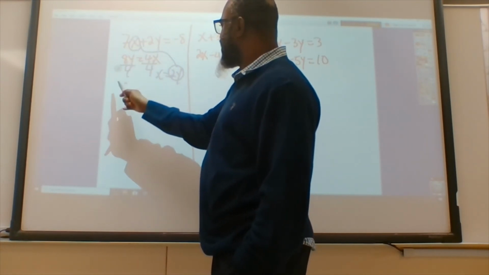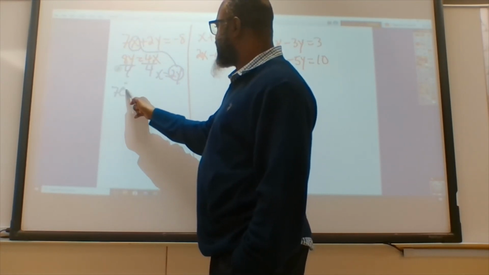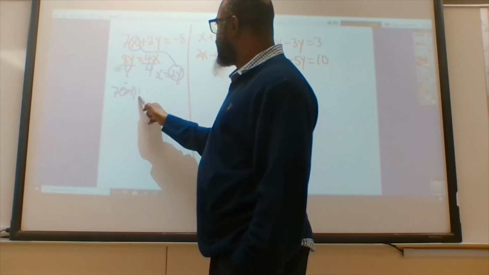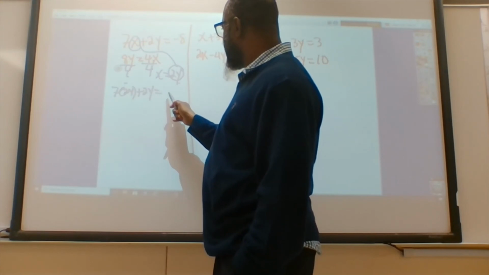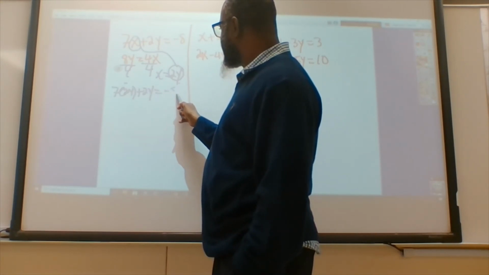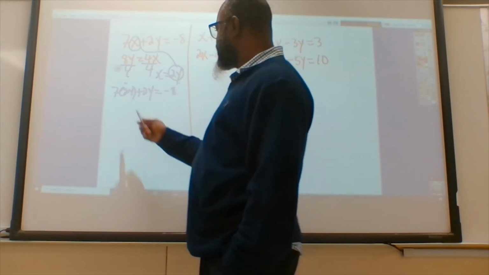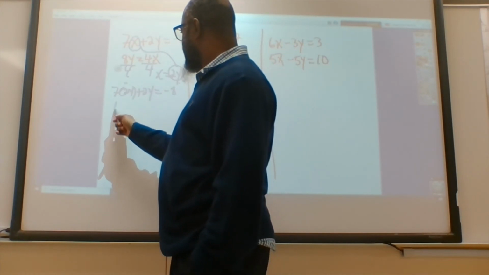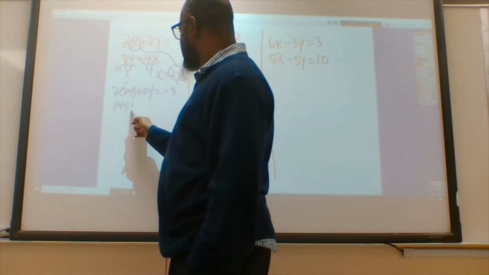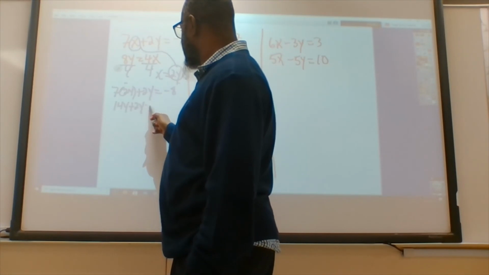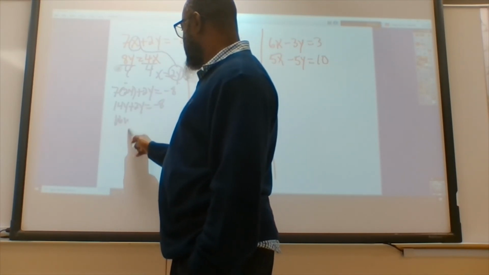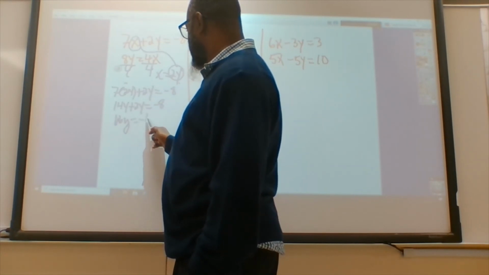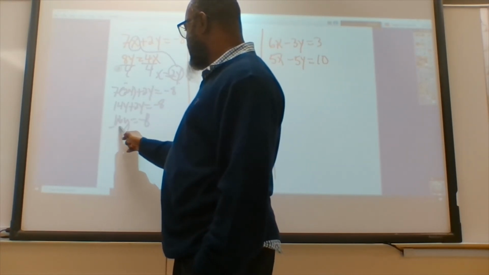So I will have 7 times 2y plus 2y is equal to -8. Right? x is 2y. So you will end up with 14y plus 2y is equal to -8. Then you will end up with 16y is equal to -8. Divide both sides by 16.